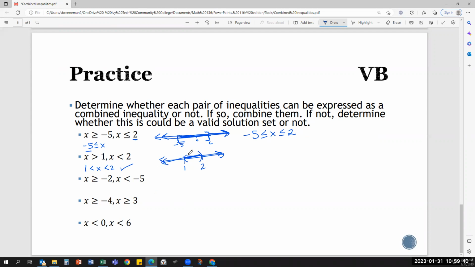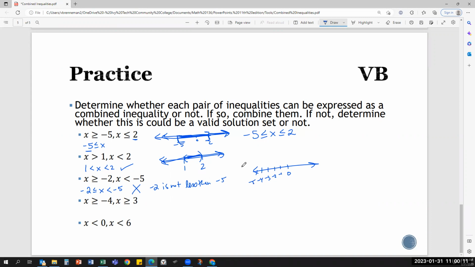That's what we want. Now, x is greater than or equal to -2, x is less than -5. If I switch and have -2 less than or equal to x and try to put that together, we have a problem, because -2 is not less than -5. On the number line, we have 0, and then -1, -2, -3, counting to the left, -5.